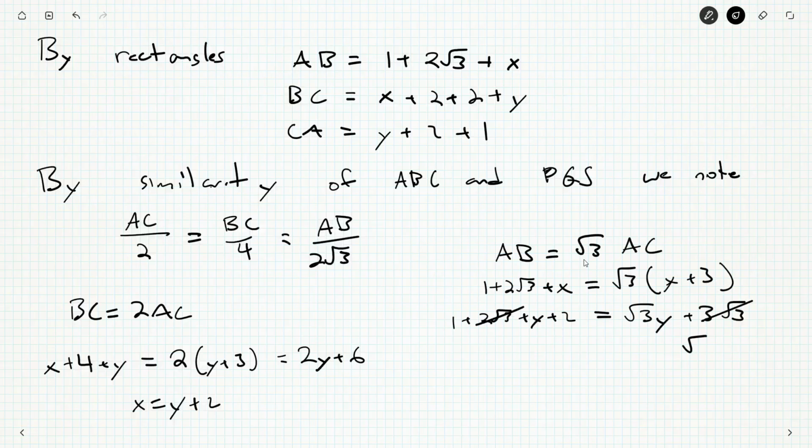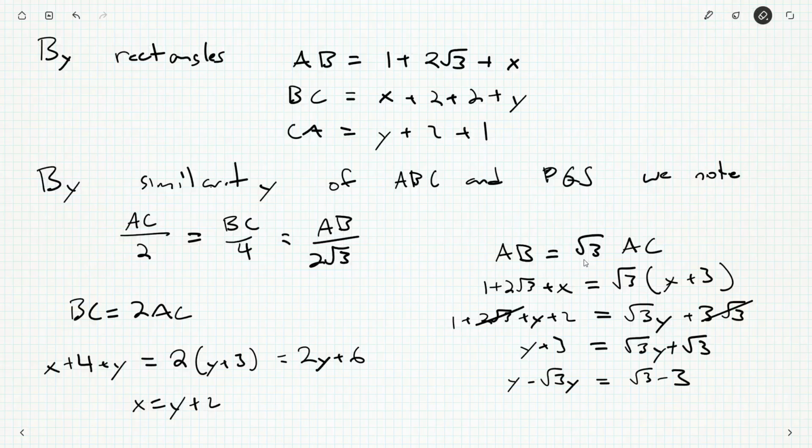Those guys will cancel and give a root 3 here. So Y plus 3 is equal to root 3Y plus root 3. How am I to use this information? Y minus root 3Y is equal to root 3 minus 3. We'll do it the other way.